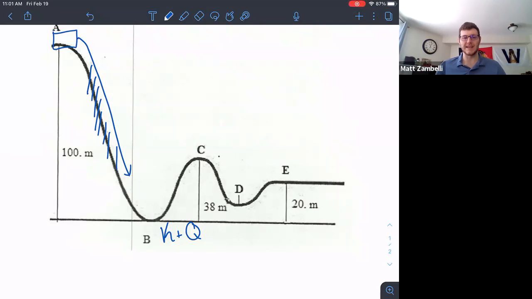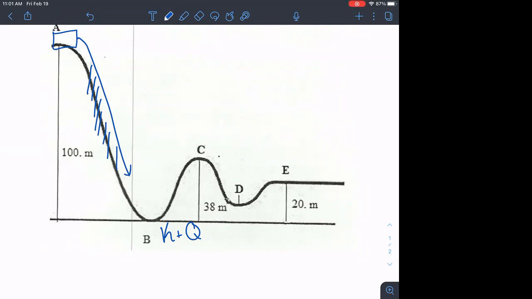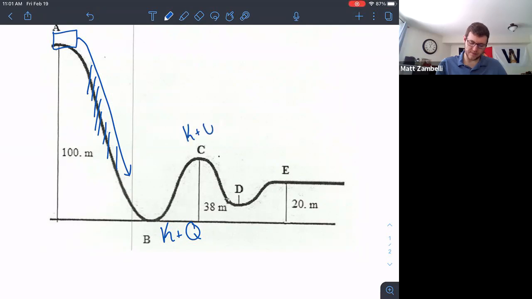What about at C? Who can tell me at least one form of energy at C? Kinetic, potential and thermal. Perfect. We have all three of them here, because there's still friction on the cart.